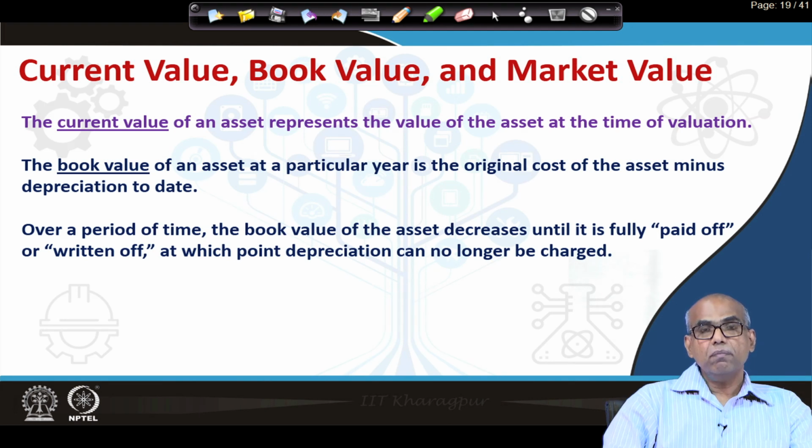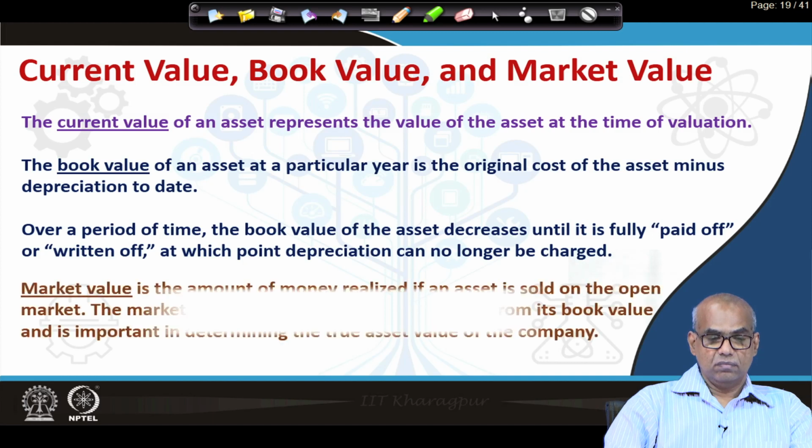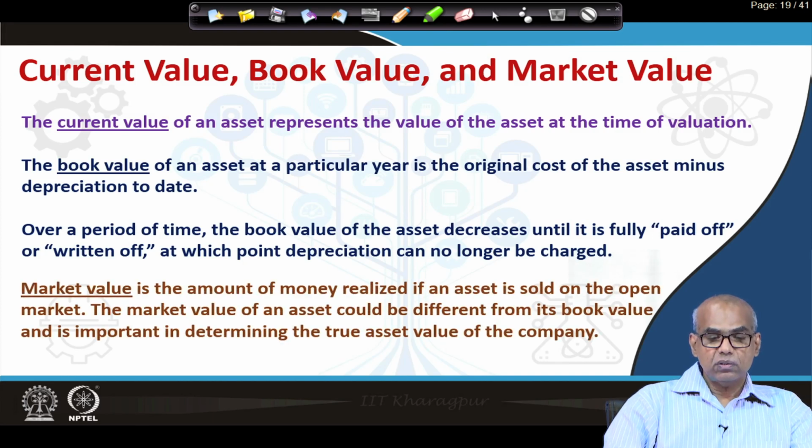Over a period of time, the book value of the asset decreases until it is fully paid off or written off, at which point depreciation can no longer be charged. Market value is the amount of money realized if an asset is sold on the open market.